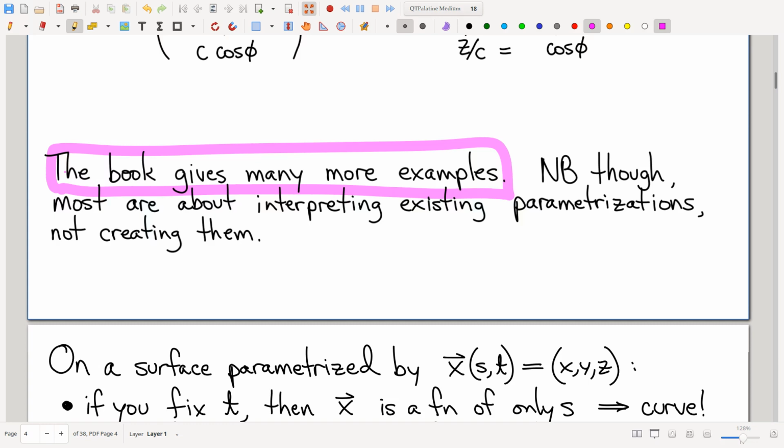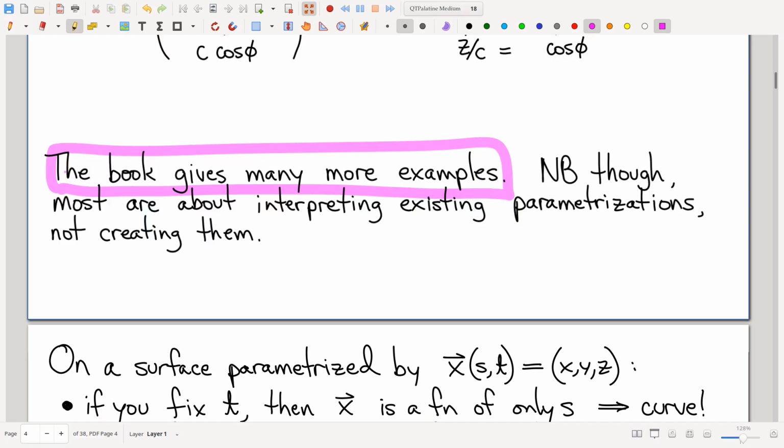The reason I show you examples that go, I want to say my way, is twofold. First of all, the book already has a bunch of examples going their way. Right? The other reason is, in my experience, the way I'm doing it is what you're going to encounter in the real world and applications where you need to do something with a parameterization.